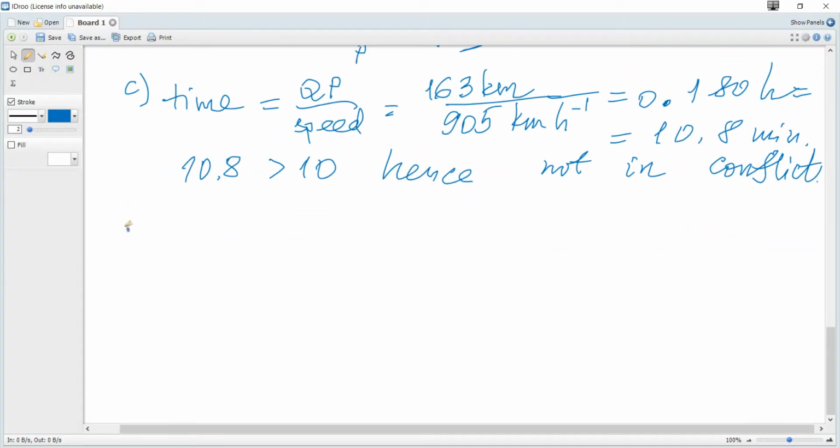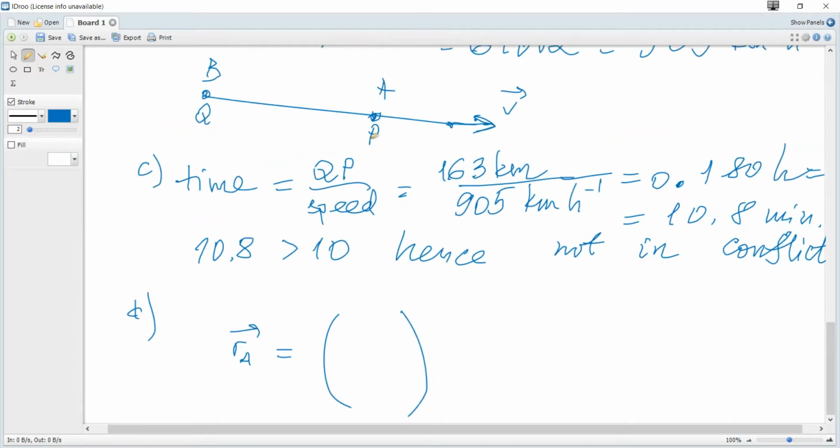D. Write down r_A, the position vector OA, t hours after 12 o'clock, 1 mark. So the position vector of any point is the position vector of the starting point.